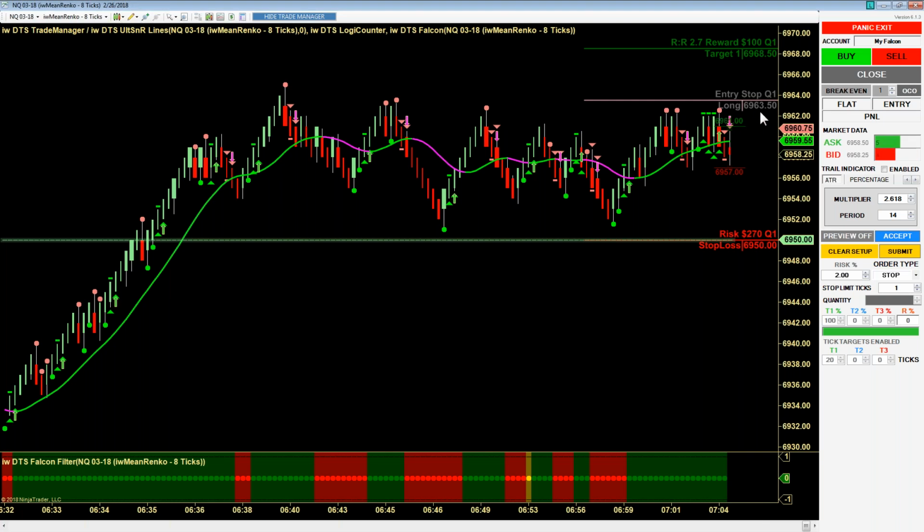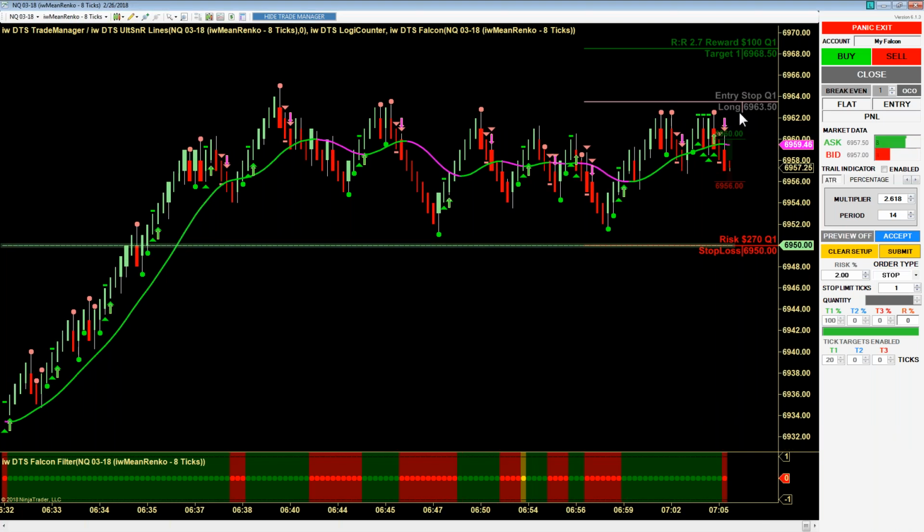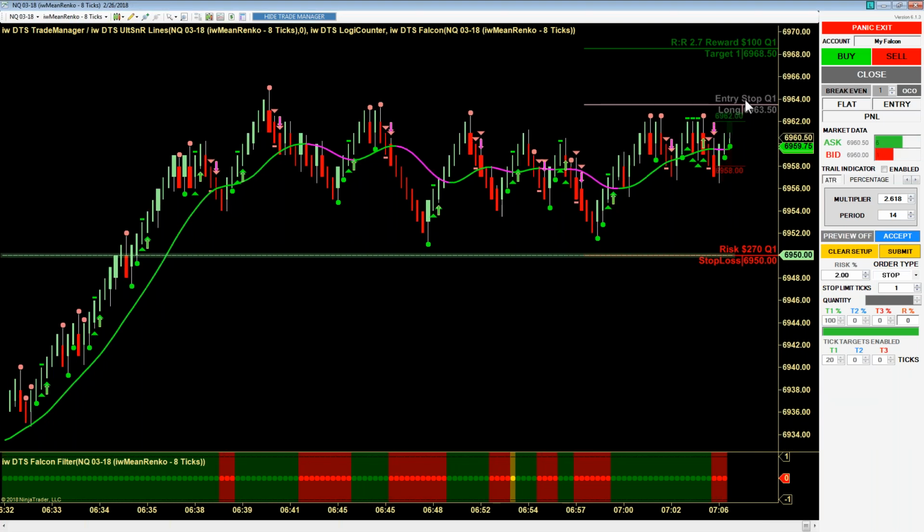Once that price gets triggered, however, your order becomes a market order. So that's why sometimes we get slippage. If the market's moving really fast, we may not get filled at 69.63 half, rather we get filled 69.63 3/4. Because the stop is merely the trigger.